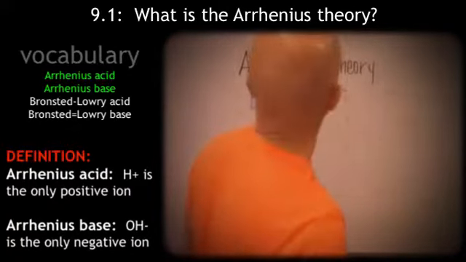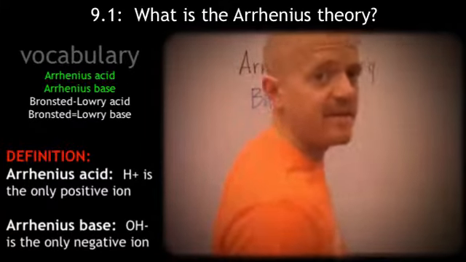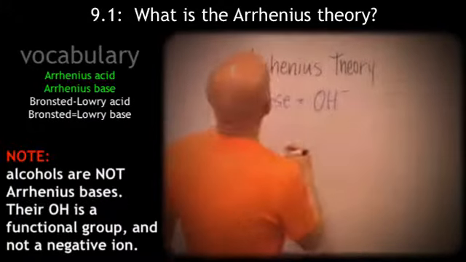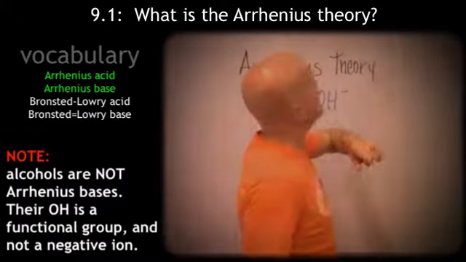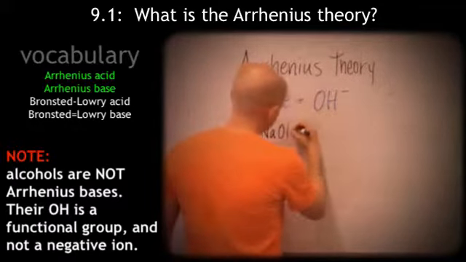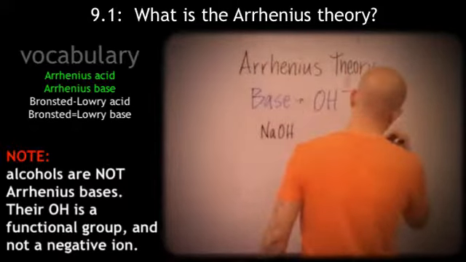Now, as an example of Arrhenius bases, if you look at table L, it has 4 bases, 3 of them are Arrhenius bases. I'm going to show you sodium hydroxide and ammonia.